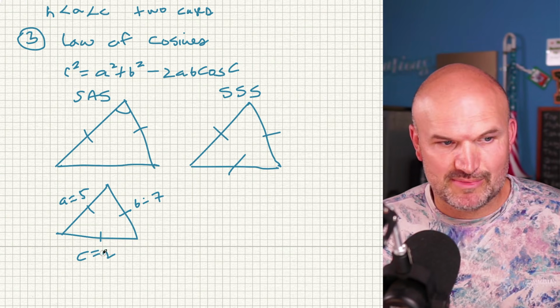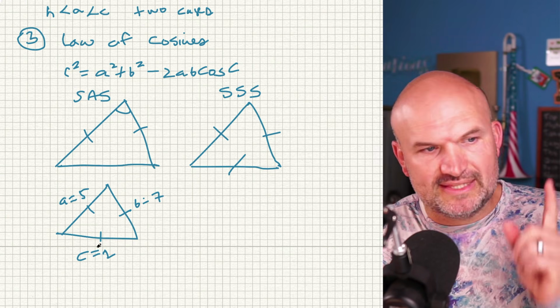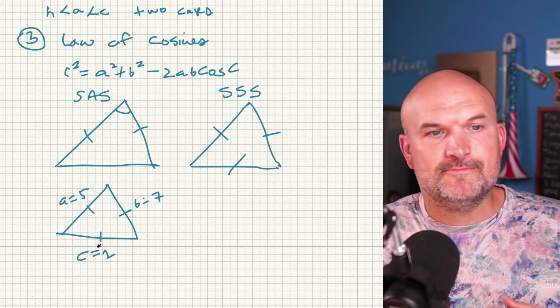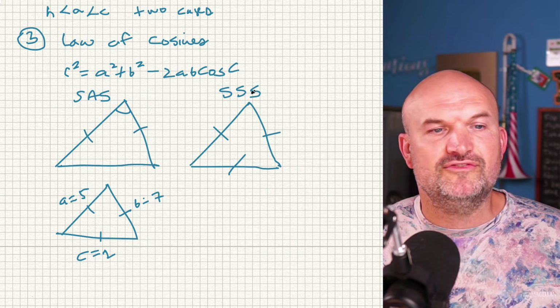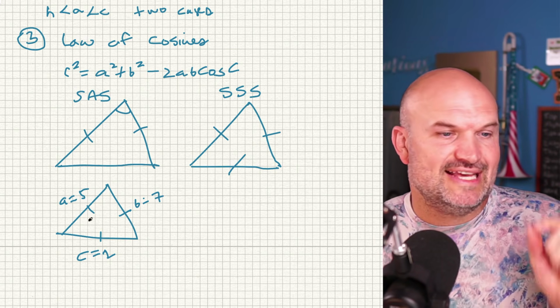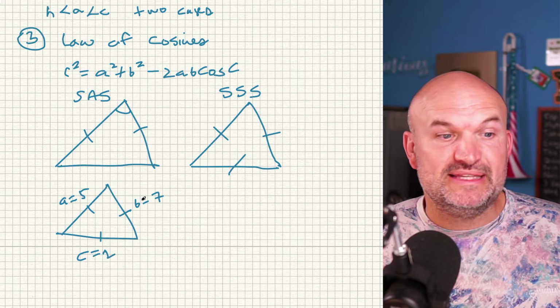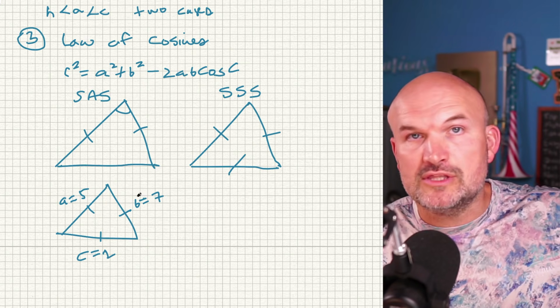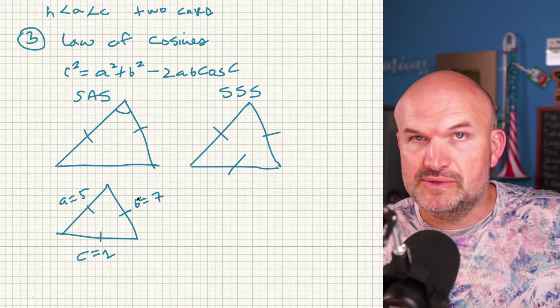Just making up some numbers. The important thing I want to give you is a tip: when you're doing the law of cosines for side, side, side, always find the angle that would be the largest. Then you can go and use the law of sines and not have to worry about the ambiguous case.